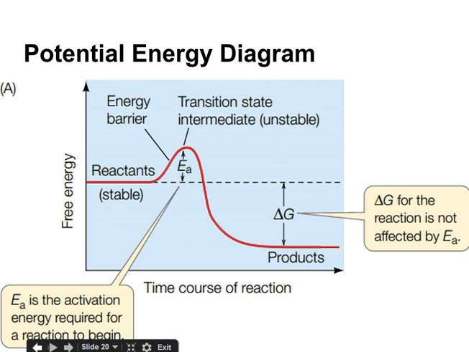So even though you're putting energy in to get the process going, you're also going to be releasing that amount of energy. We're not paying attention to the gross amount of energy being produced, but more the net amount of energy being produced.